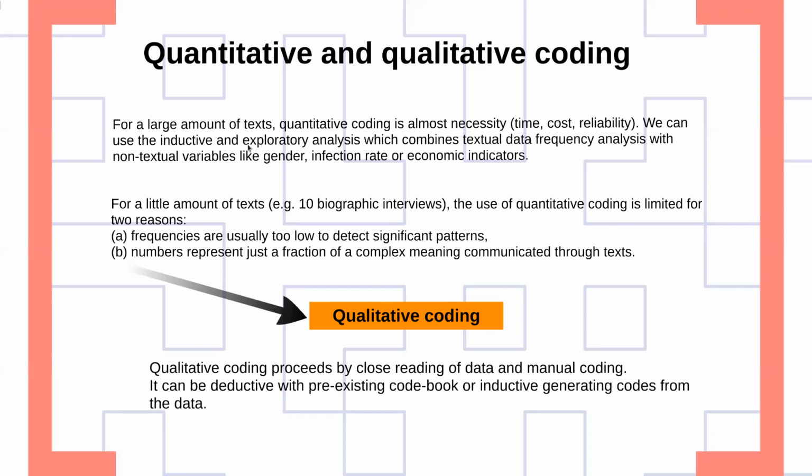First, if we count frequencies, they are so low that it is not possible to detect any significant pattern, because we have like 3 or 5 occurrences, and with these numbers we cannot say if it's just random co-occurrence or if there is a pattern. So this is why we cannot use quantitative analysis on a small amount of text.